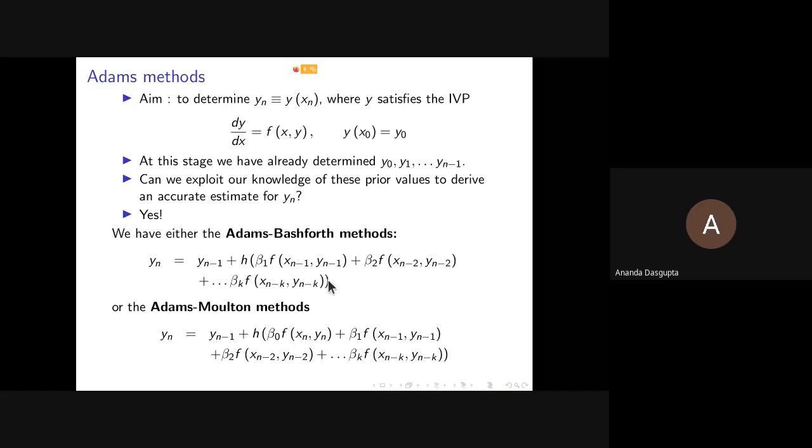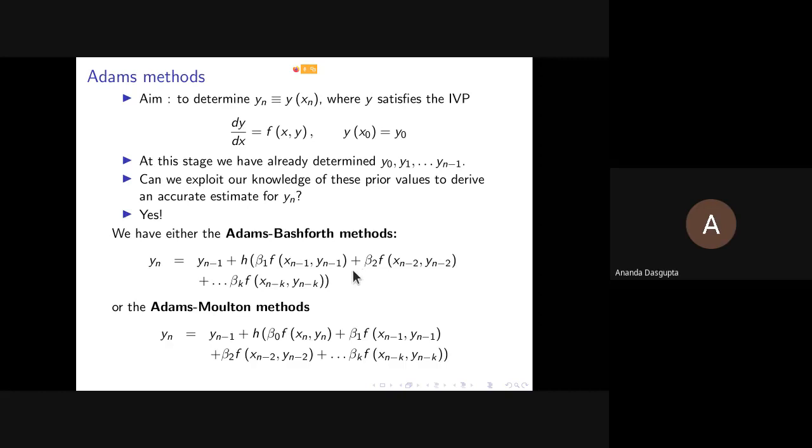So Adams-Bashforth takes the slopes at the last k points that you visited before, and takes a weighted average of that. This one takes a weighted average of all those k slopes and the slope at x and y.